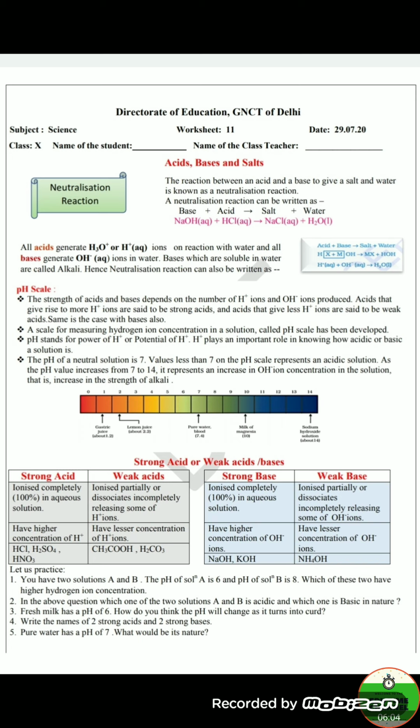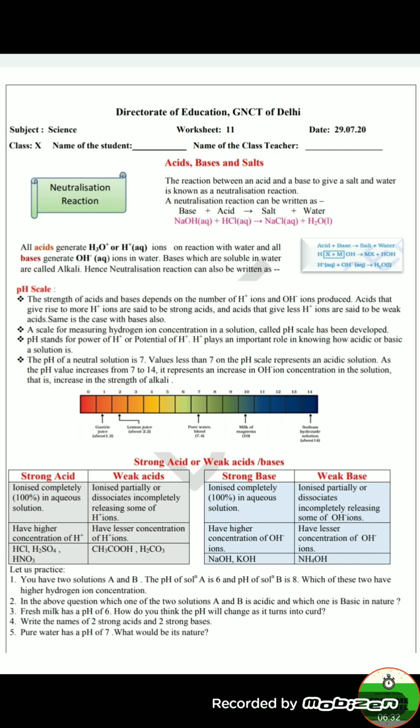The value less than 7 on the pH scale represents acidic solution. And when the value of pH increases from 7 to 14, it represents the increase of OH minus ions and increases the strength of alkali, right?